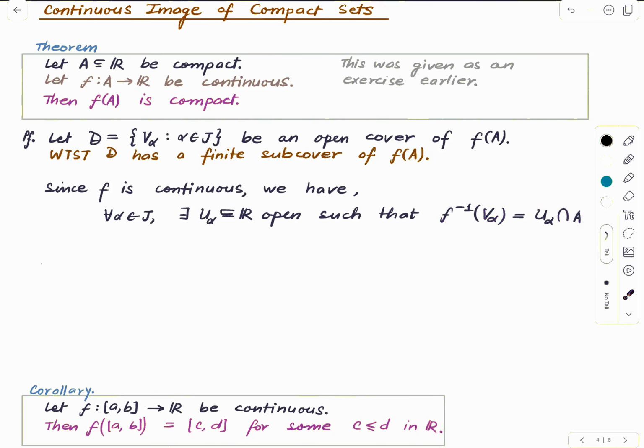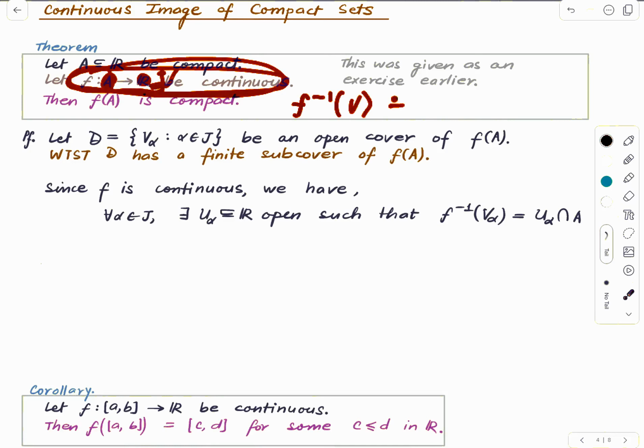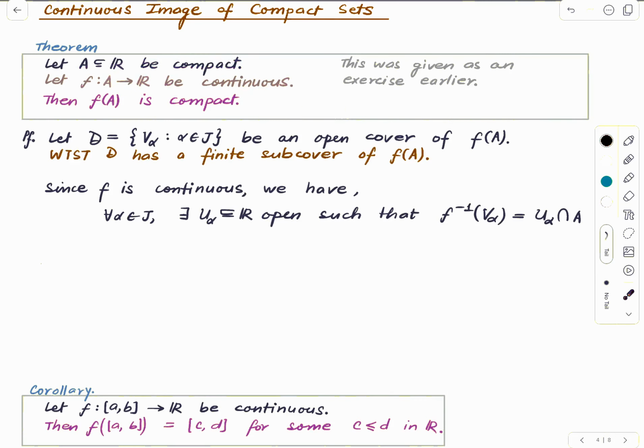So if f is a continuous function, nothing to do with the compactness of A, and you pick an open set V contained in R, then f inverse of V is equal to U intersection A for some open set U. So this is what we showed, and if this is throwing you off, then you can go to the lecture about continuity via neighborhood.